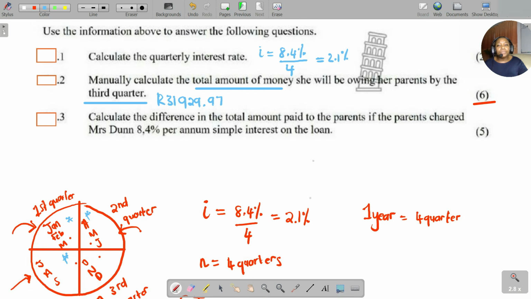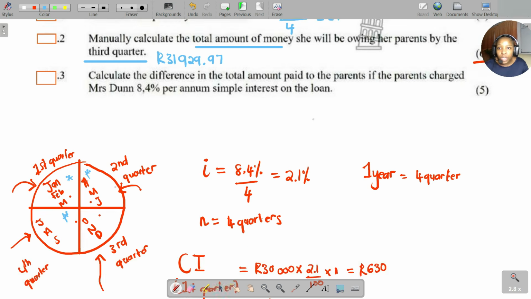Okay, so with this question, what they're basically asking is what would be the difference in the amount that she would have to pay back her parents if she was charged 8.4% per annum simple interest. And we'd obviously have to compare that with that 8.4 per annum compound interest compounded quarterly.